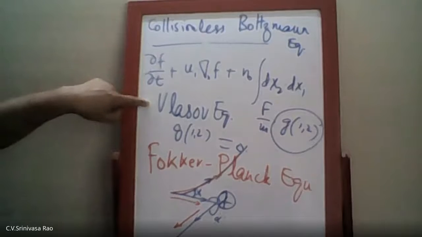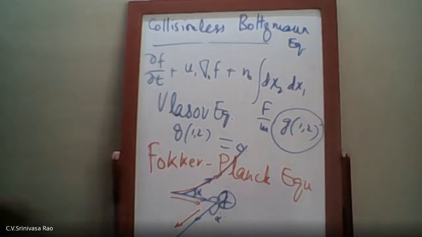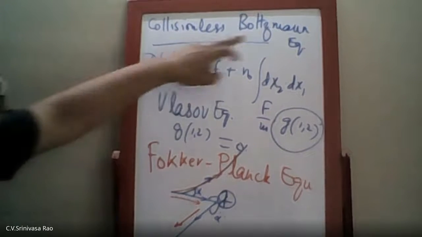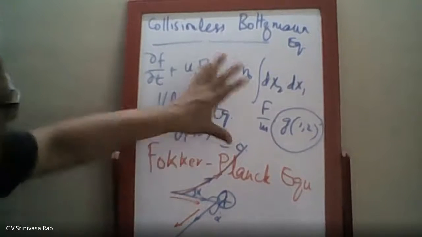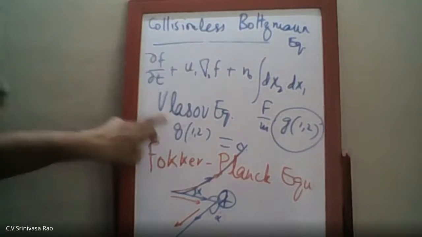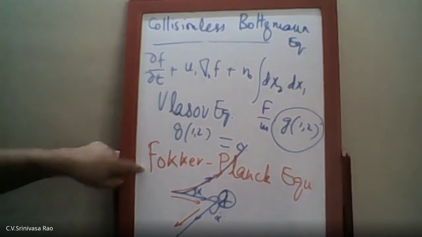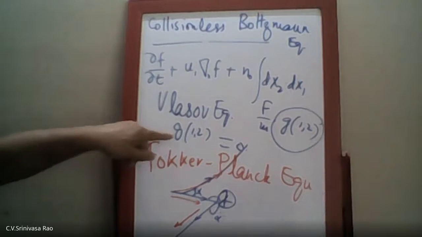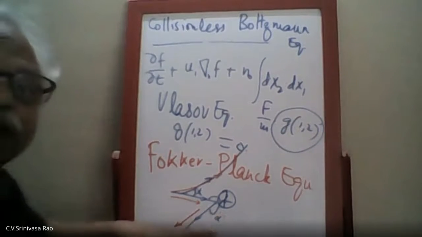There's a small difference: when the particles are too far off, that effect is taken into account in the Vlasov equation, whereas in the collisionless Boltzmann equation, that is not taken into account. That is the only difference between this and the Vlasov equation. Whereas the Fokker-Planck equation is one step ahead. It takes into account the two particle correlation, not the three particle.